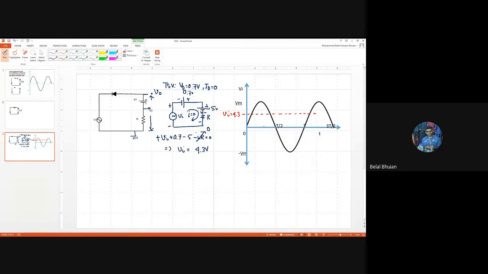Next, we already learned that the transition state line gives us the boundary between the on state of the diode and the off state of the diode. So how can we determine the boundary? By looking into the orientation of the diode.